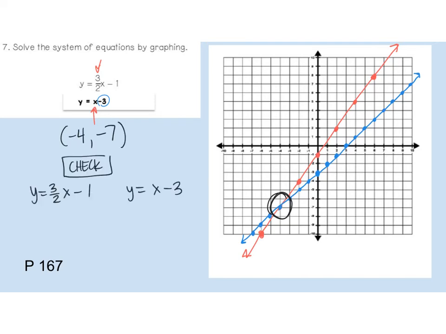And since that one shows a lot of lines very close to each other, I'm going to go over here to the side and check it by plugging in my -4 for my x's and my -7 for my y's and making sure that it checks out. And sure enough, if I plug in -4, -7, I do get a solution to this equation, so I know that my graphing was accurate.